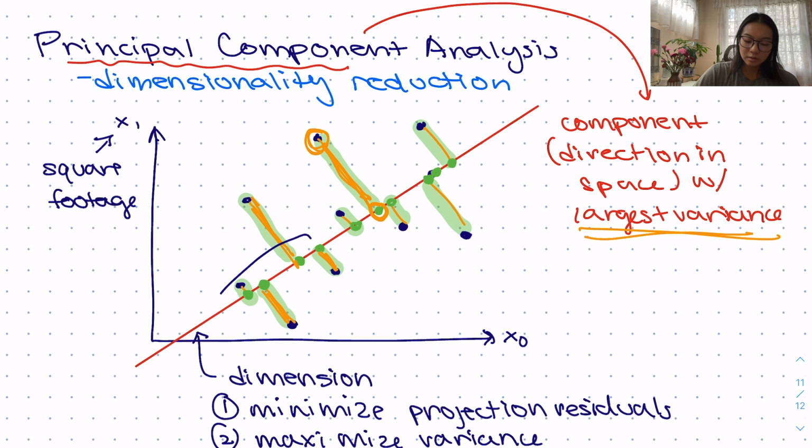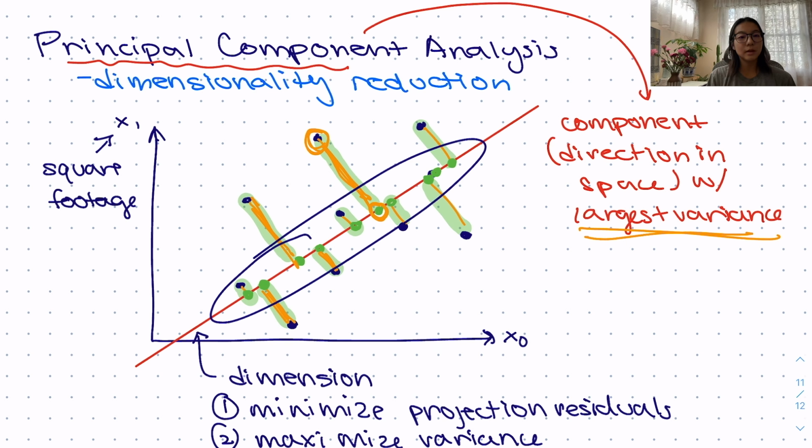Now, with this two-dimensional data set, we started from a 2D data set and now boiled it down to one dimension. Well, we can take that dimension and do other things with it, right?